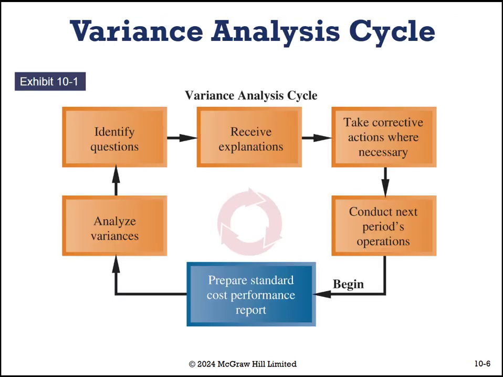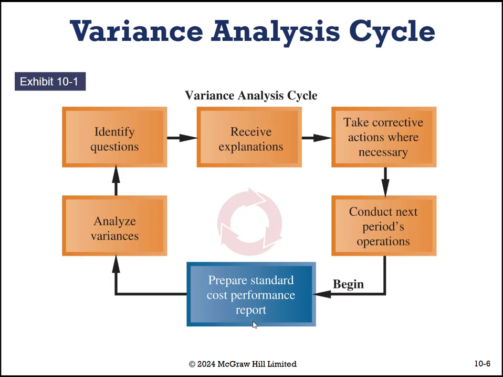Okay. So the reason why we're doing this is to first set our expectations using standard prices and standard efficiencies and standard quantities and standard rates. And then we go into our cycle.